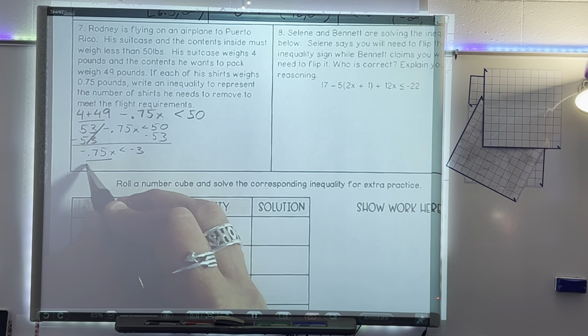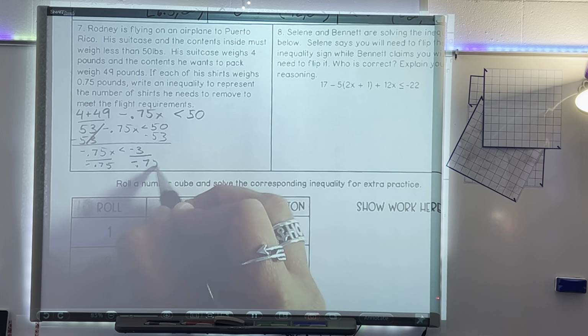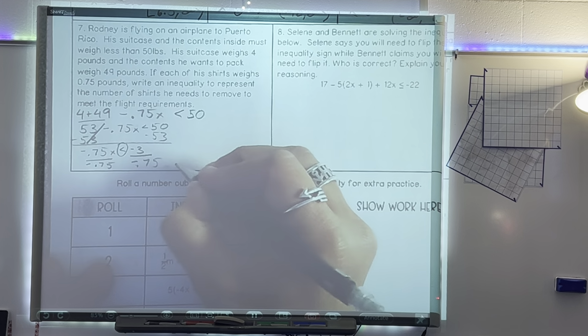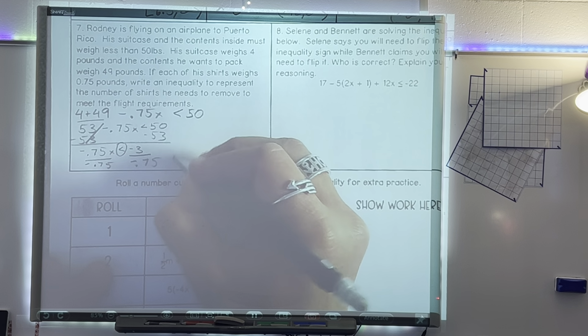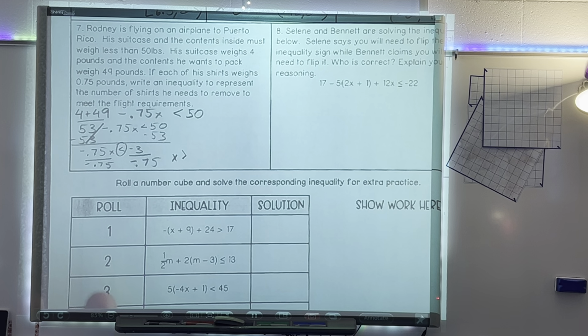So now, when I divide this, what happens here? We're going to flip that sign. So I'll get x greater than what?